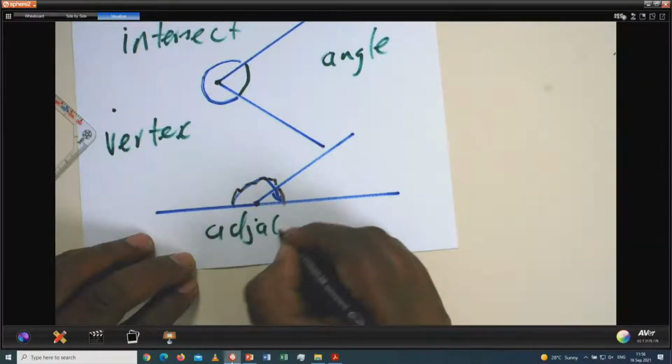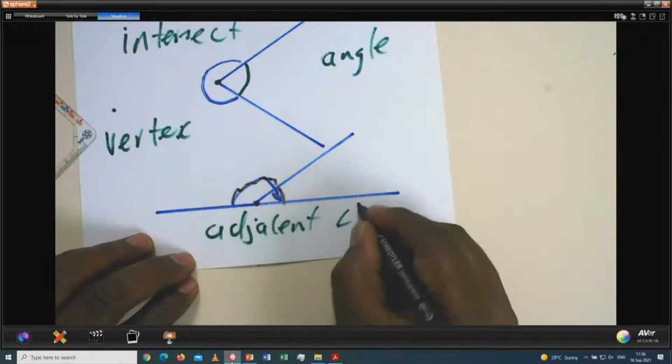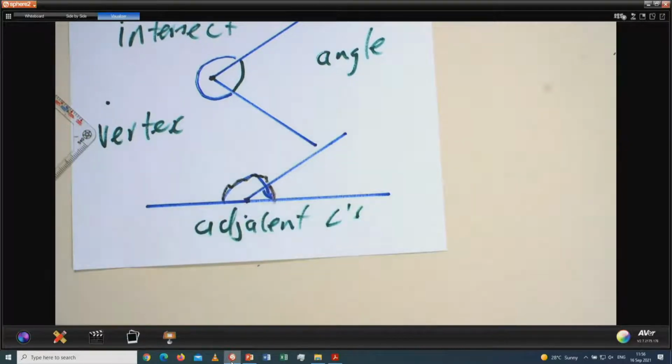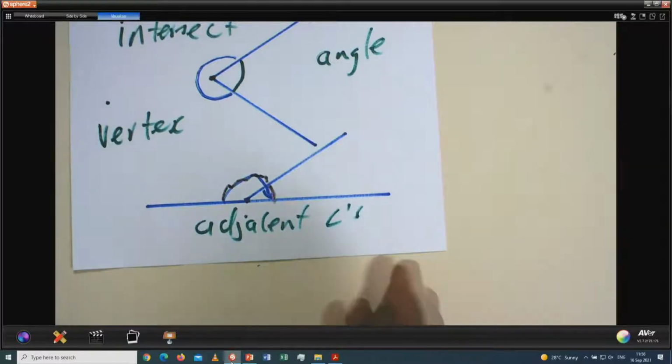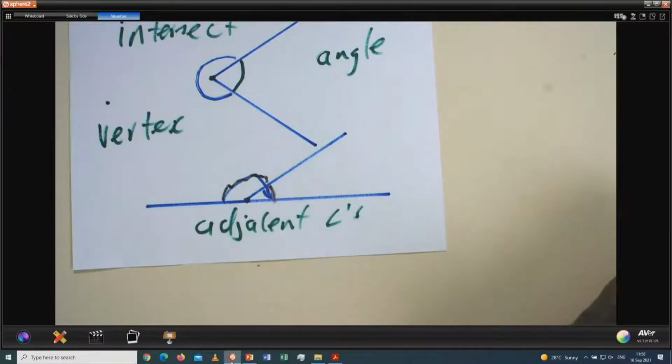Adjacent angles. Mathematically, we say neighboring angles, angles next to each other. We call them adjacent. It's just taking you from your understanding and taking it to mathematics. That's how you build the language.